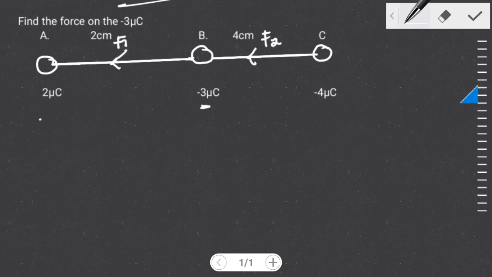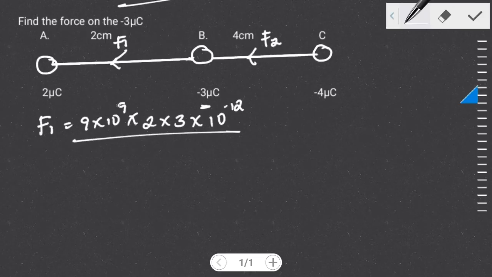So force 1 will be equal to 9 times 10 to the power 9 times the first charge, which would be 2, times 3 times 10 to the power negative 12, all over the distance of separation, which would be 0.02, squared.